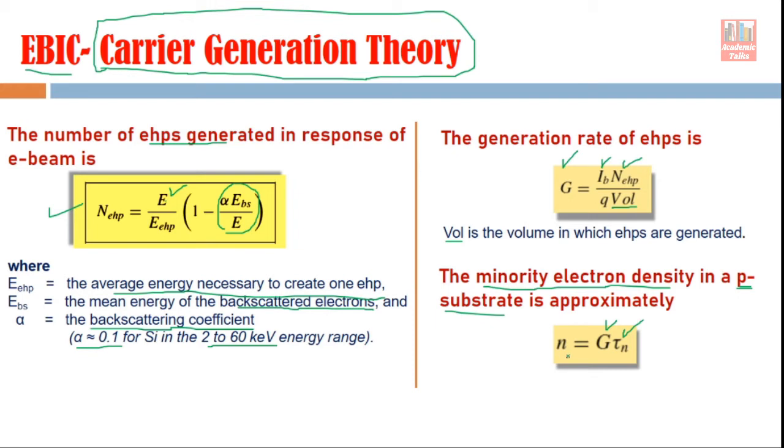So the carrier concentration, in this particular case the electron concentration, depends on their recombination rate and also on their generation rate. Both these parameters affect the carrier concentration, and you know the carrier concentration decides the current in the semiconductor.